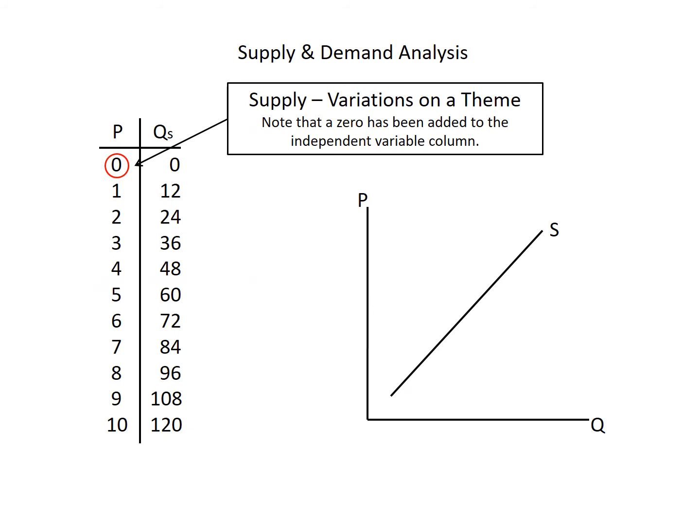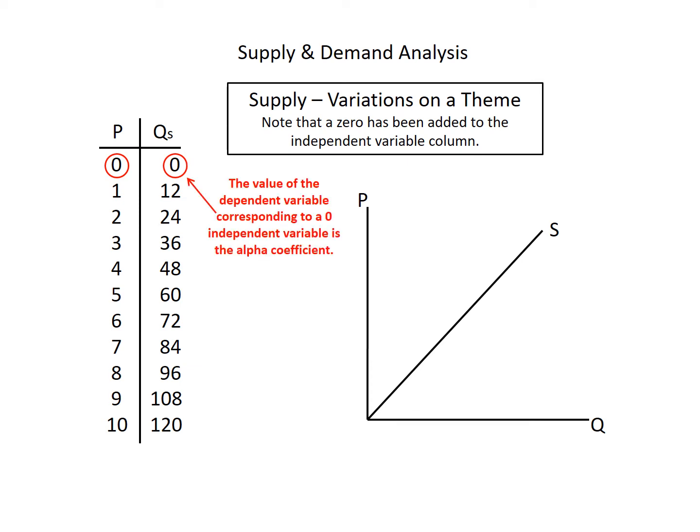Let's examine a little more closely the supply relationship. Notice on the schedule I've added a new row, one where the price is 0. And it makes perfectly logical sense that if the price is 0, no units will be supplied. Now keep in mind, after having watched the video Schedules, Graphs, and Equations, that the value of the dependent variable when the independent variable is 0 is the function's alpha coefficient.